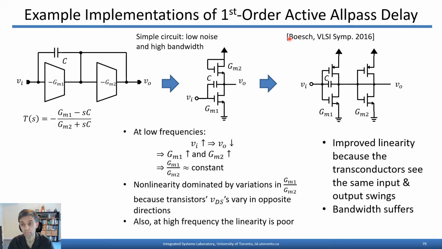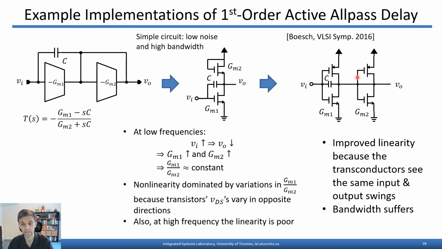So the paper presented at the VLSI Symposium in 2016 instead used perfectly matched transconductors, full CMOS transconductors, sometimes called NAUDA transconductors, as each of the constituent GM1 and GM2, with GM2 diode connected here. So in this case, you've got improved linearity because both transconductors see the same swings.